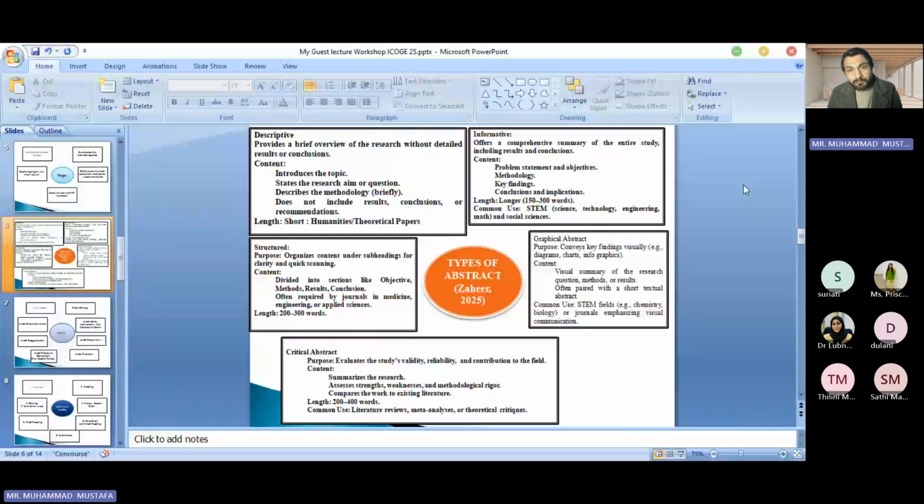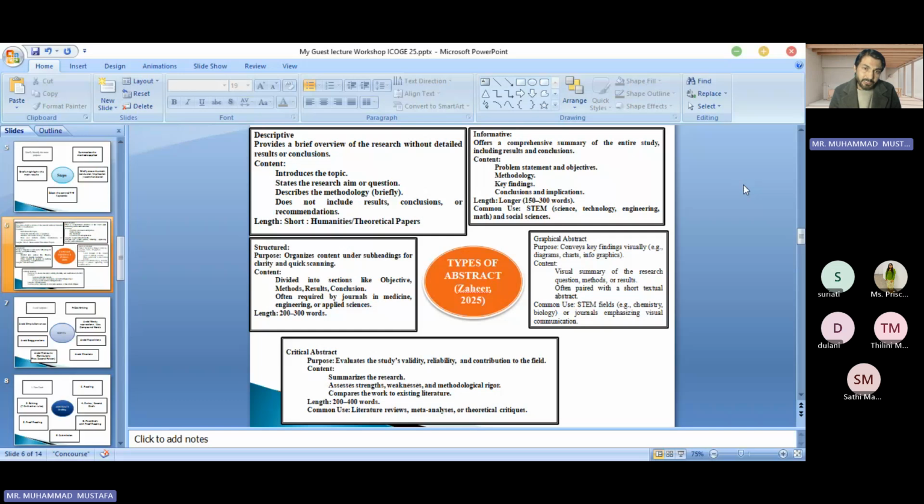I got it from ResearchGate, and he has just mentioned 4 to 5 types of abstract, and I have tried to mention them here for your kind consideration. So the first type of abstract may be the descriptive abstract.